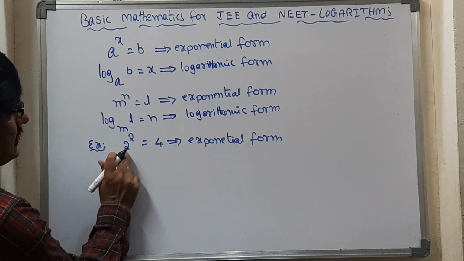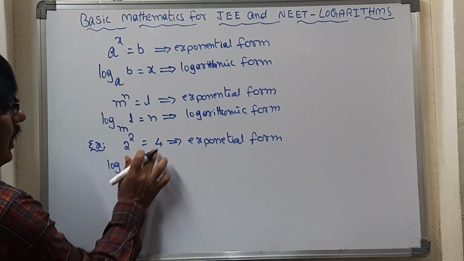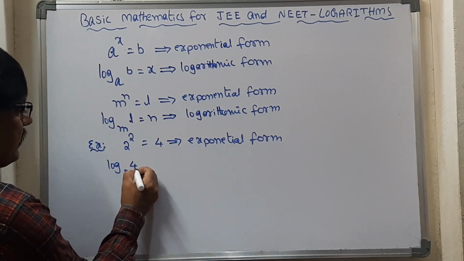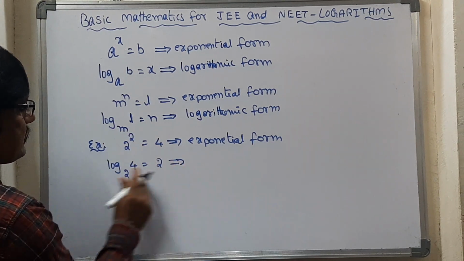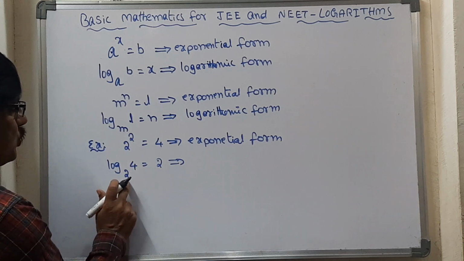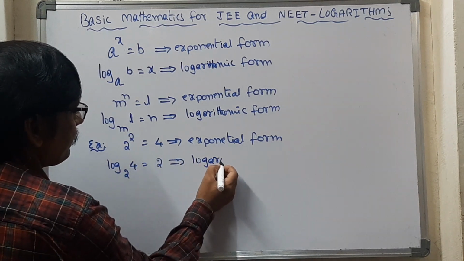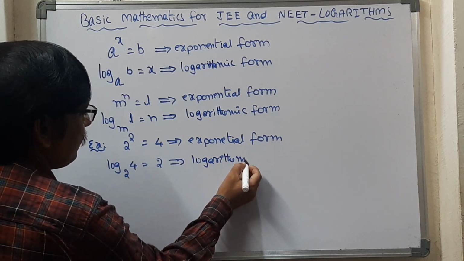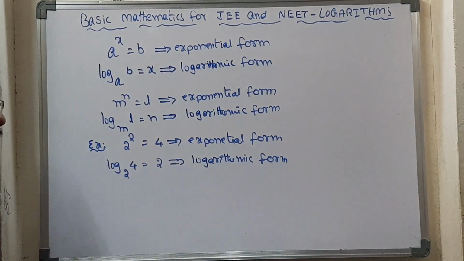What is the base in this exponential form? 2 is the base, so the base continues first. Afterwards the RHS part we take on this side, and the power will be replaced here. Then this is log 4 to the base 2 is equal to 2. We call it the logarithmic form for the exponential form 2 square is equal to 4.